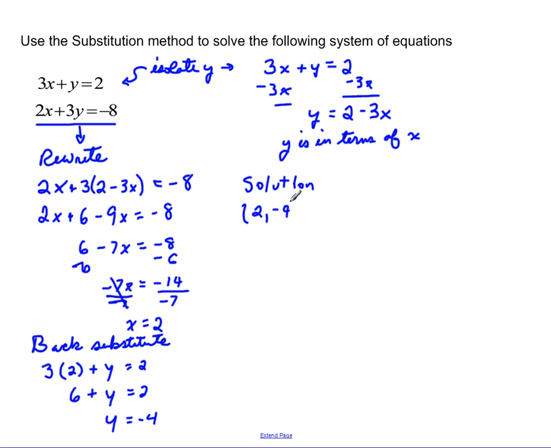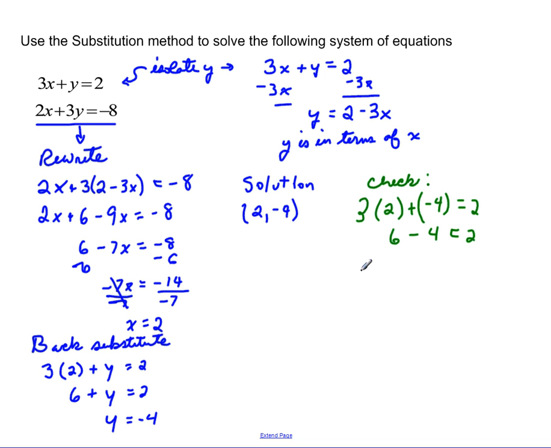And so our solution looks like it should be 2, negative 4. So it looks like we've done pretty good here. How do you check? Well, if you recall, the way to check is just to substitute that into the original two equations. If you take 3 times 2 plus negative 4, you get 2, and this is 6 minus 4 equals 2, so yep, that's true.